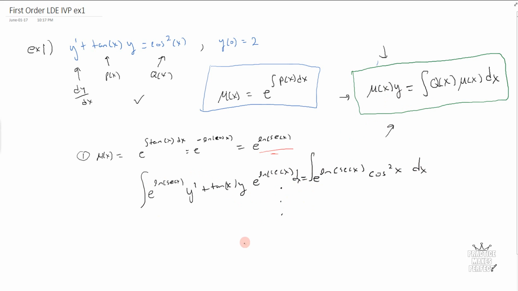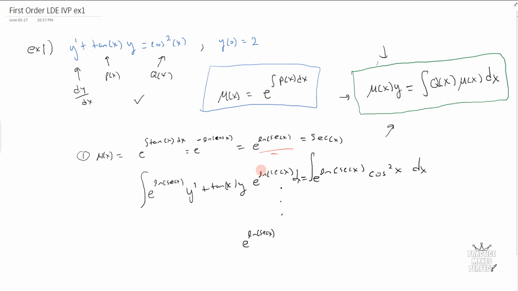So our integration factor is e to the power ln secant of x. Remember what we said in another video, with exponential and logarithmic expressions, e to the power ln of anything is the argument itself. So e to the power ln secant of x is actually secant of x itself. I kind of forgot about that.